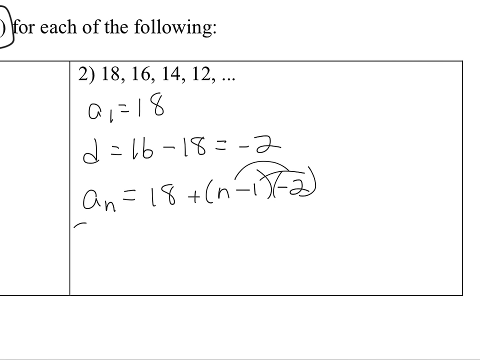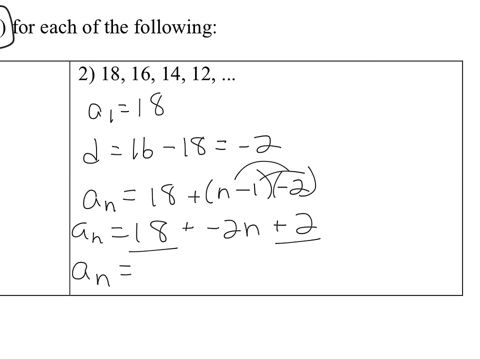Distribute that through. Negative 2n plus 2. These two get combined, and it's a sub n equals negative 2n plus 20. This should look sort of familiar. It is a line with a slope of negative 2 and a y-intercept of 20. Kind of interesting.